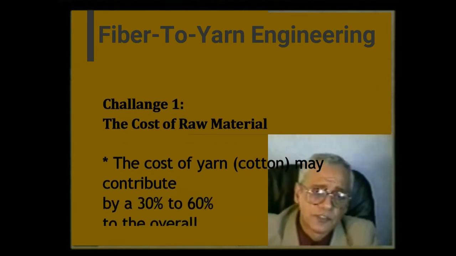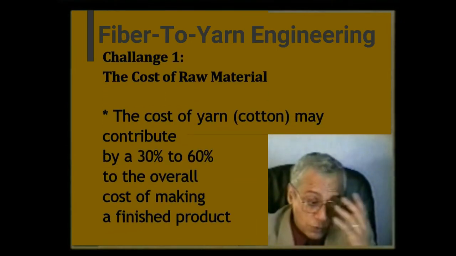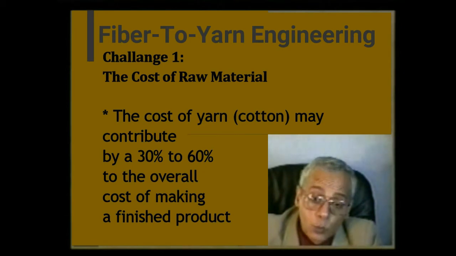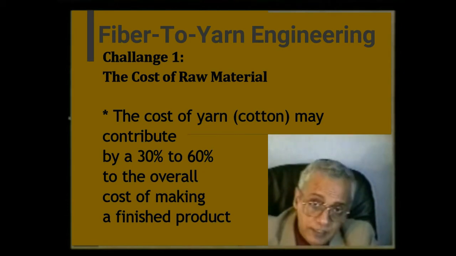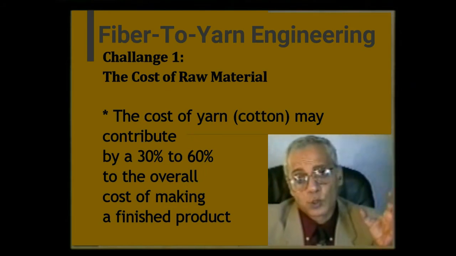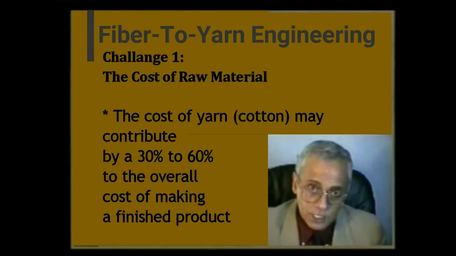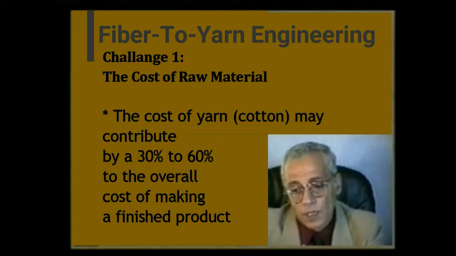This is a very significant cost, and you may want to do your own calculations to find out exactly where you fit in this range. That is, how much the cost of your raw material contributes to the overall yarn manufacturing cost.